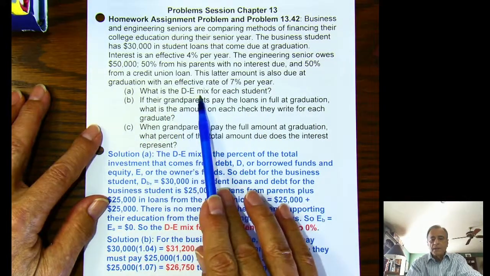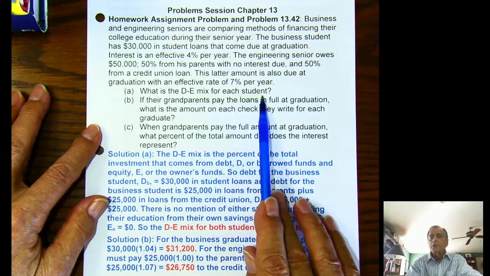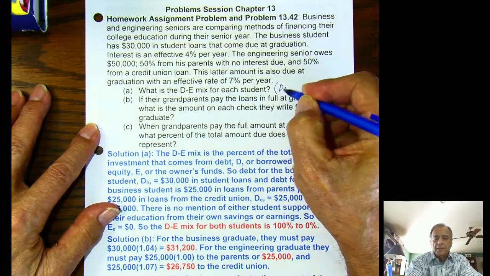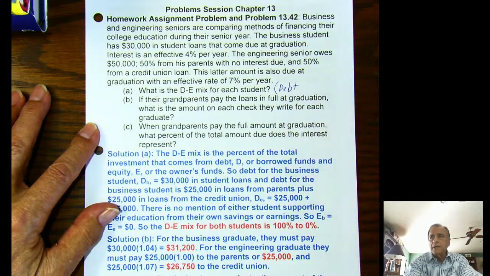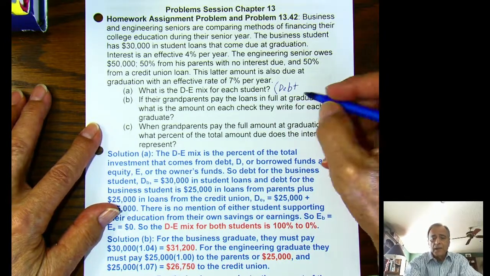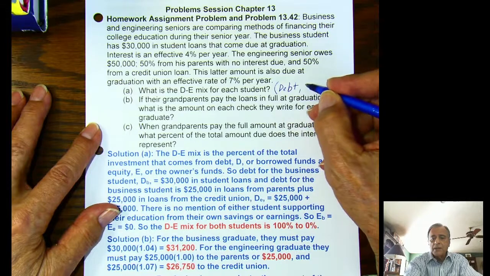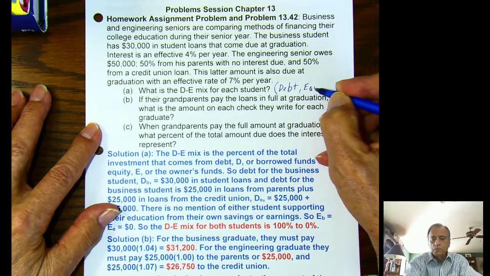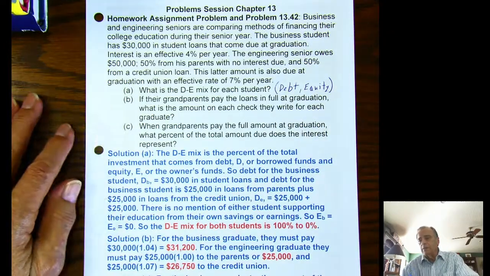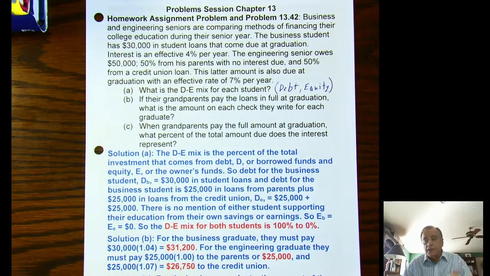What is the DE mix for each student? Well, DE basically stands for debt and equity. D is debt. In other words, how much loans do you have? And E is equity, and equity is what the owner of something, in this case the student, puts into it.